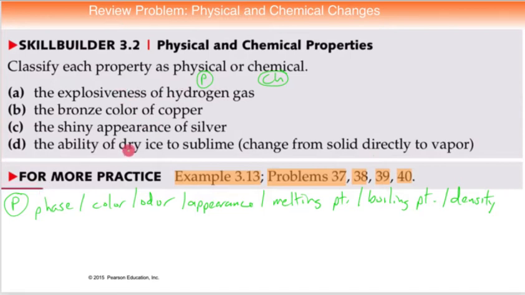Of the ones that are listed here, we have a couple that are staring at me: color, appearance. I can describe the bronze color of copper, and copper doesn't change when I talk about that. It is a physical property of that substance. The shiny appearance of silver or any metal, that's another physical property.